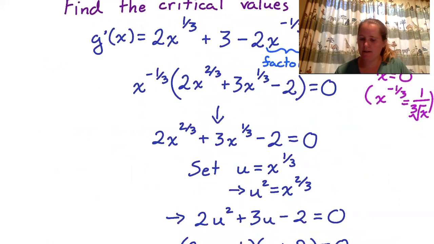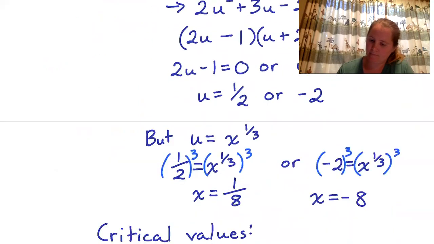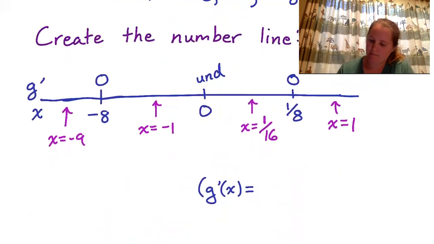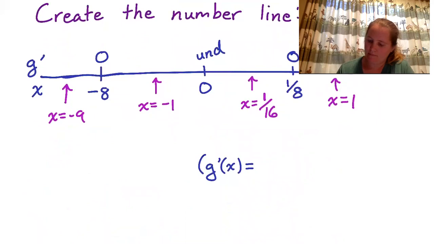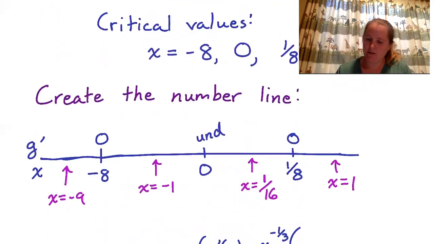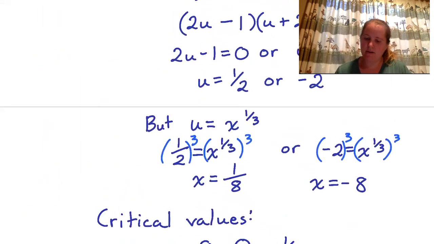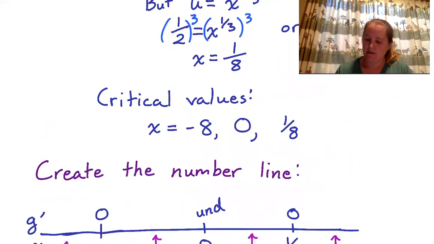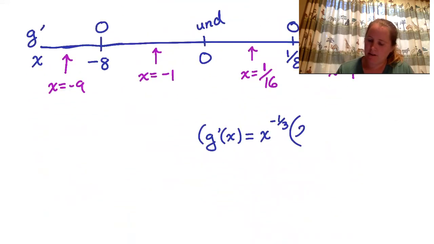So we have x to the -1/3 times, and then we're just going to replace the u's with x to the 1/3. So we have 2x to the 1/3 minus 1 times x to the 1/3 plus 2.